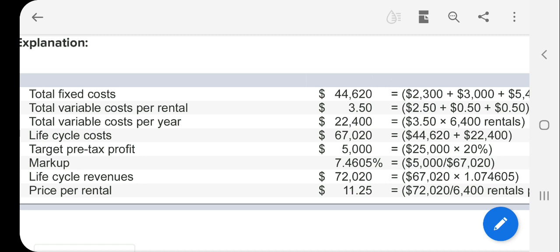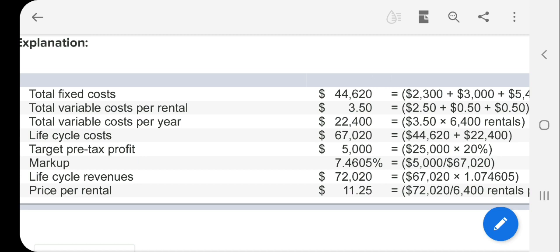I think this is easy actually. The life cycle revenue can be calculated like this: 67,020 plus the 5,000 target profit. So you will get the life cycle revenue of $72,020. So that is the life cycle revenue.